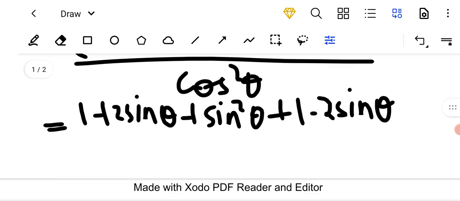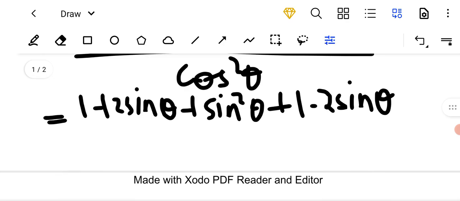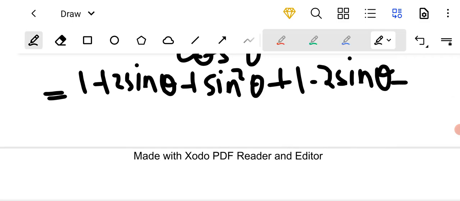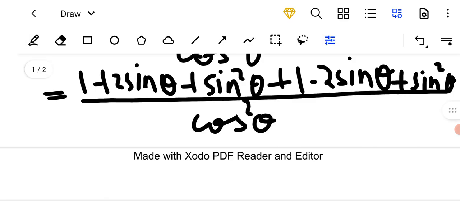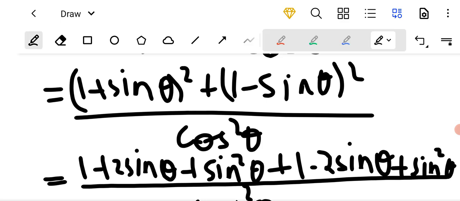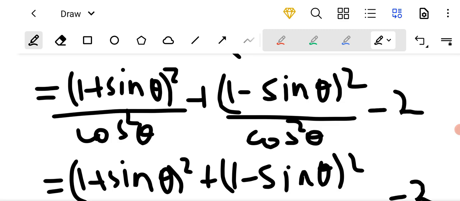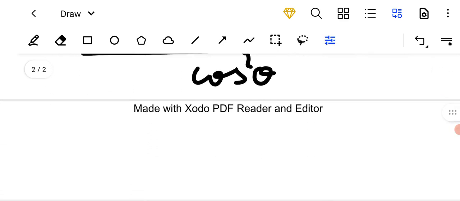And then you're going to have negative sine theta times negative sine theta, giving you a positive sine theta squared, plus sine theta squared, everything you divide by cos theta squared. Of course, I was supposed to not forget the minus 2. If you want, you can simplify the minus 2 right there. Due to space, I can't write it there, so I write it on the next step.